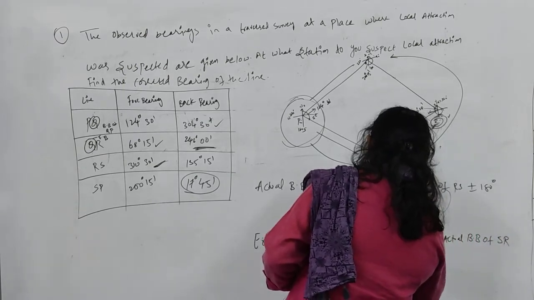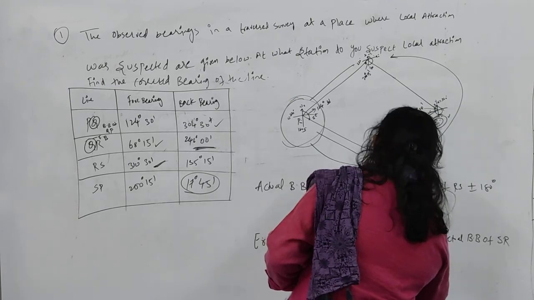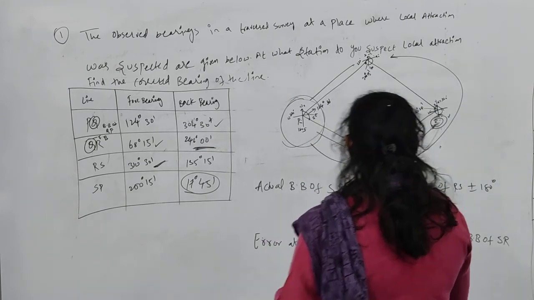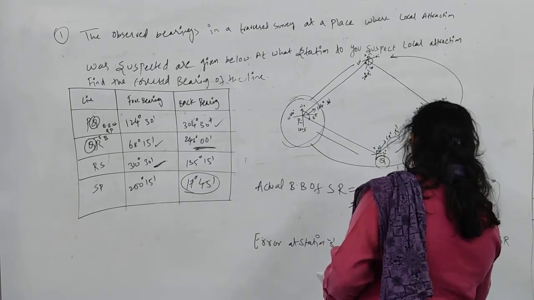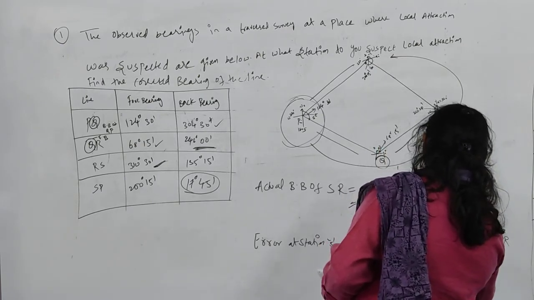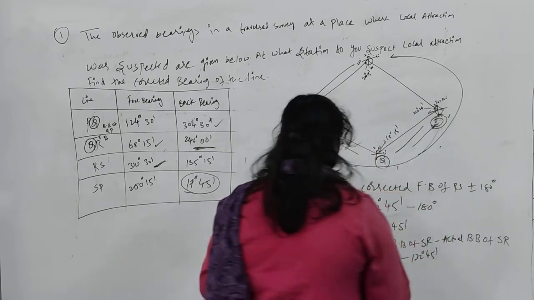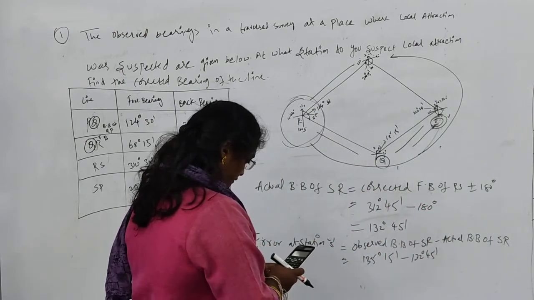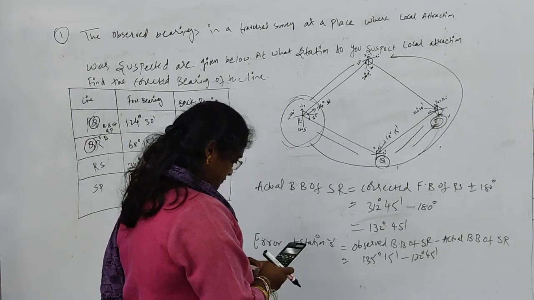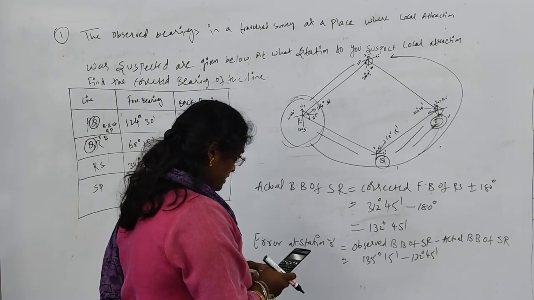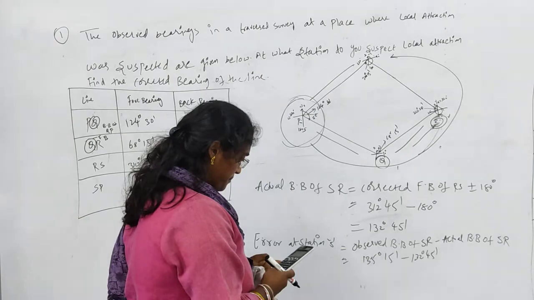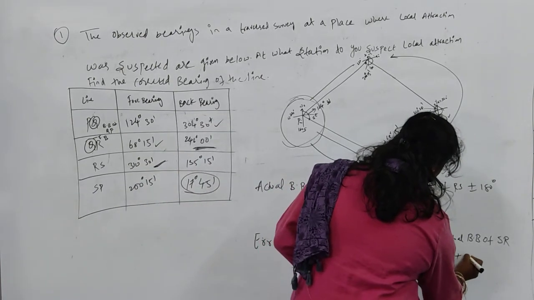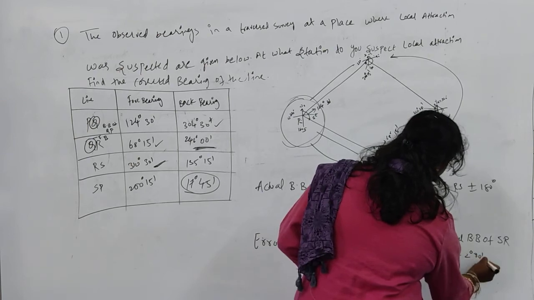Observed back bearing 135 degrees 15 minutes minus 132 degrees 45 minutes. So that will be plus 2 degrees 30 minutes.